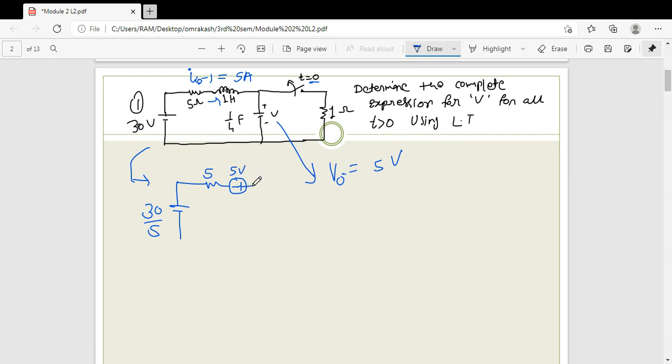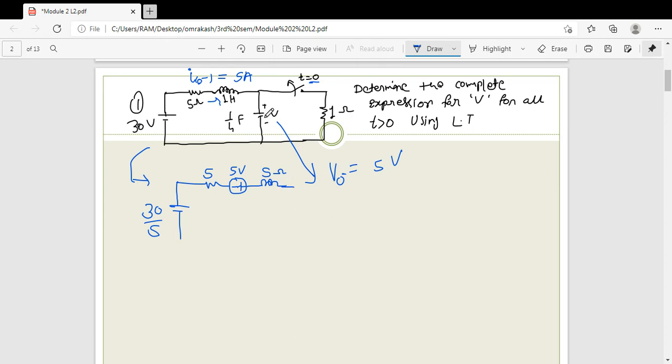The inductor of 1 Henry becomes S into L in the Laplace transform. So S into L is S, in ohm, right? In a similar way, what is the voltage across this? See, the switch is open, so this branch is disconnected from this circuit, right?